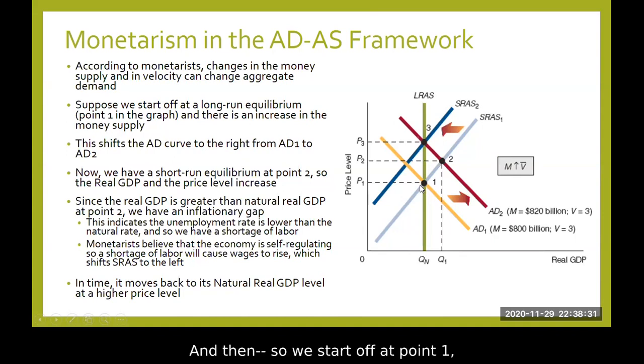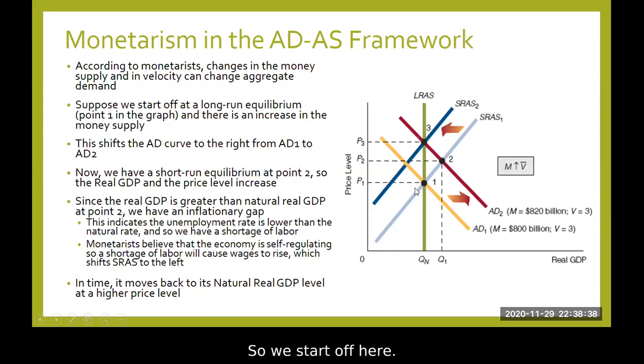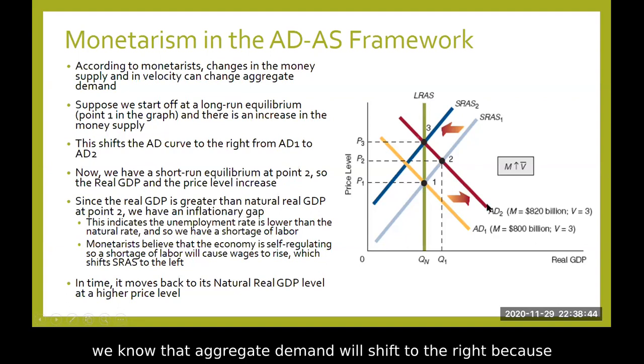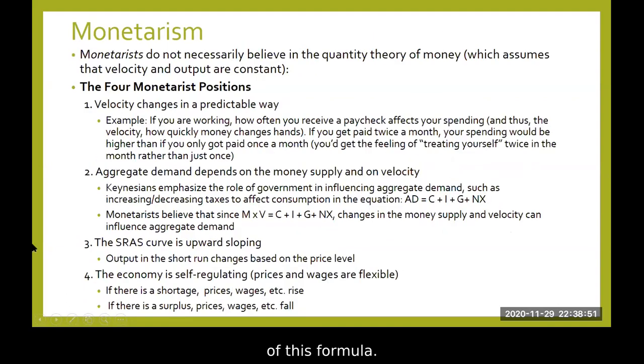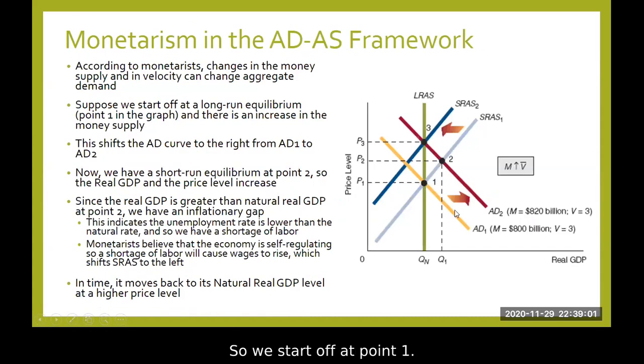So we initially start off at point 1 in this long run equilibrium. And then suppose there's an increase in the money supply. If there's an increase in the money supply, we know that aggregate demand will shift to the right because of this formula. So we start off at point 1.